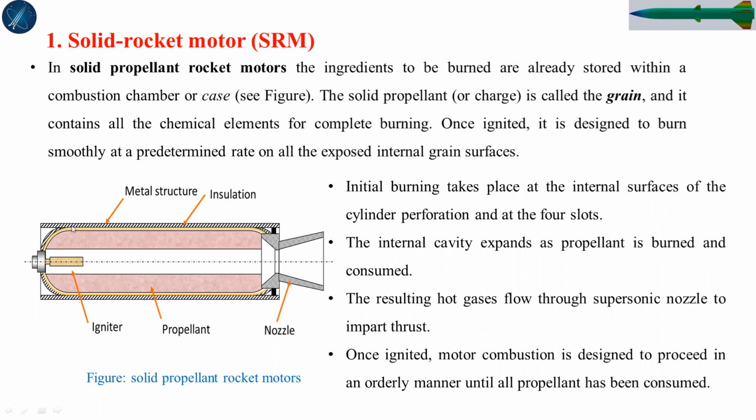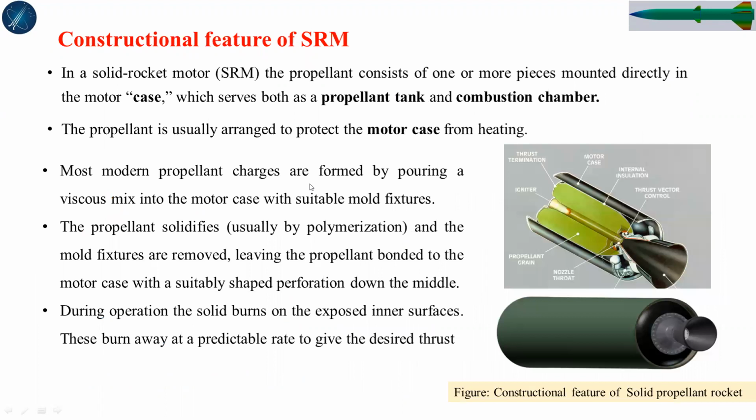This is the one which separates the internal hot system from the external surface, so insulation systems are required. Yeah, this is a solid propellant rocket system. This is also the same solid rocket. It seems like this.